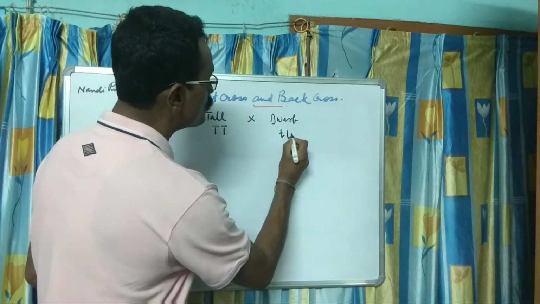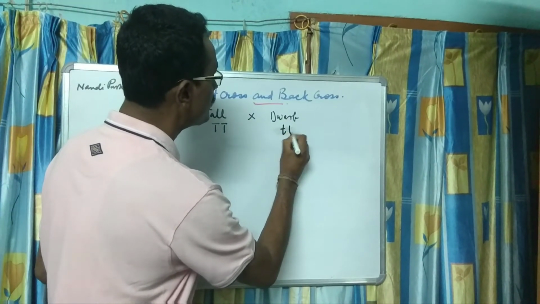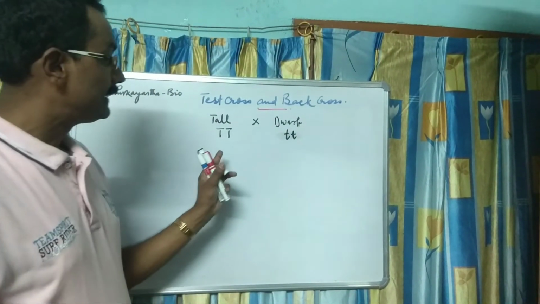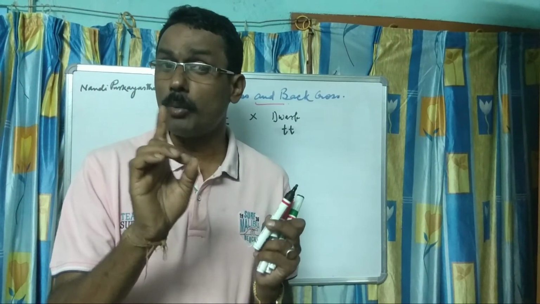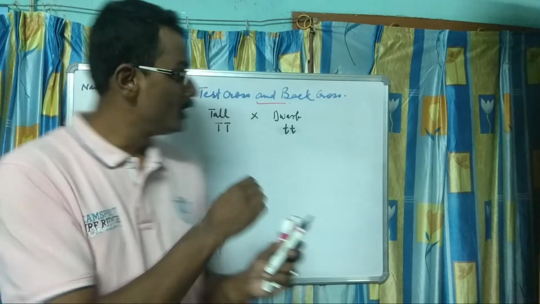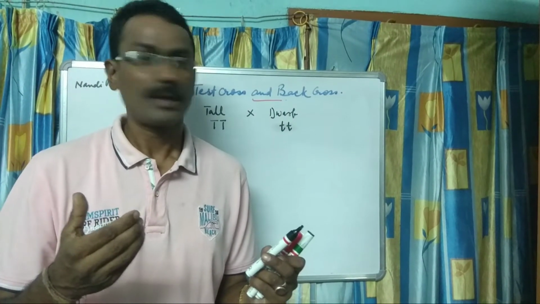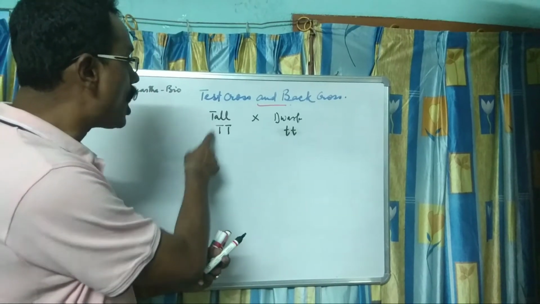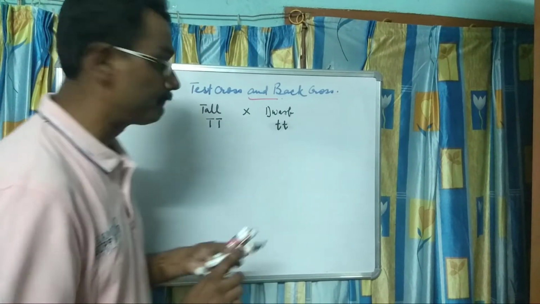Small t, small t. The word is homozygous. Try to get the word homozygous. Homozygous means when the two alleles are of the same type. Got it? They are homozygous tall. This is homozygous dwarf.